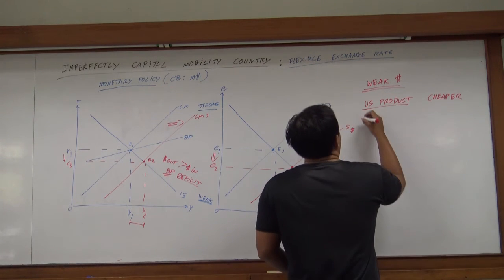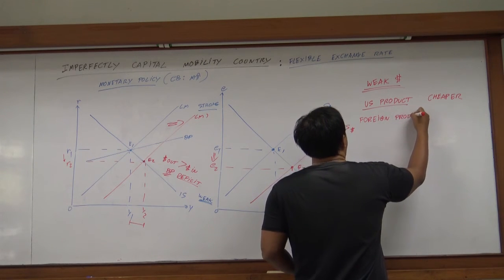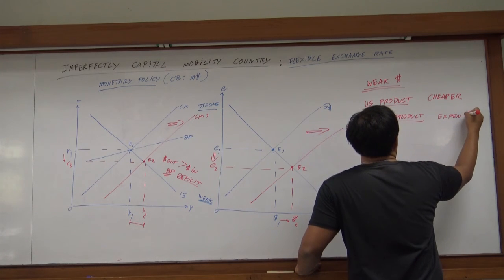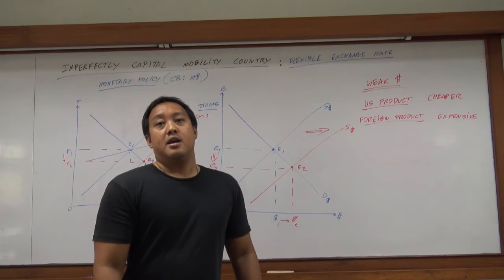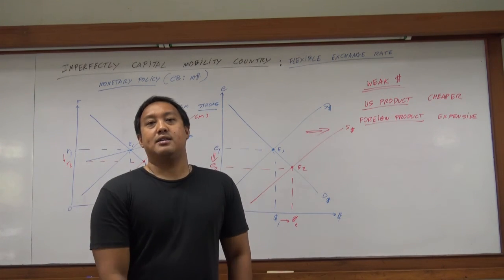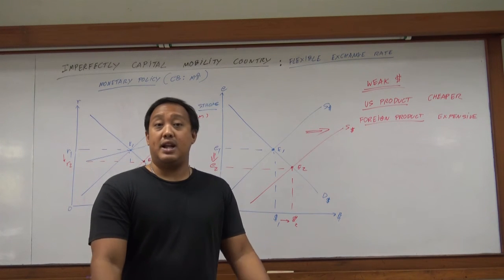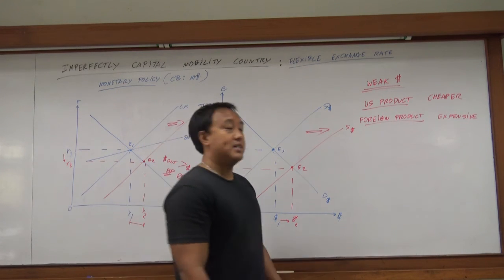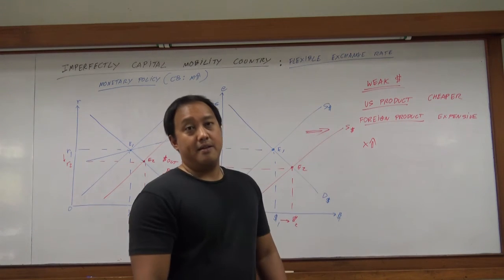Foreign products become more expensive for American people. Domestic products, the products made in the USA, become cheaper to the rest of the world. When the products in the USA become cheaper to the rest of the world, we're going to export more.